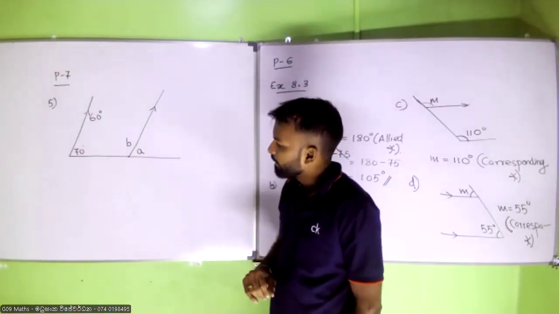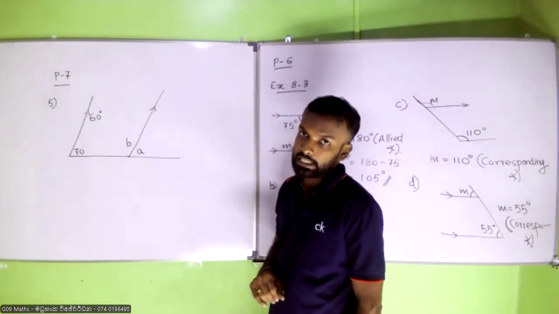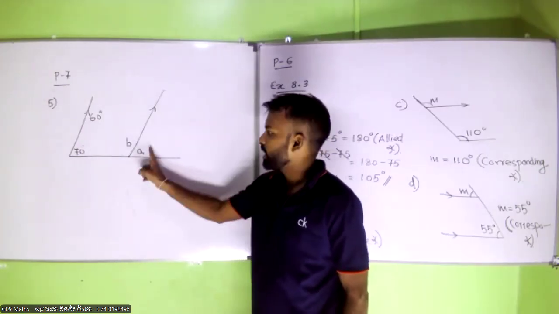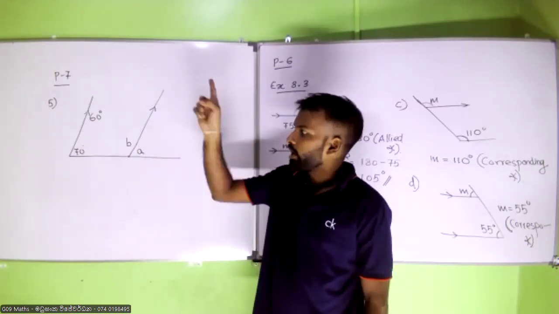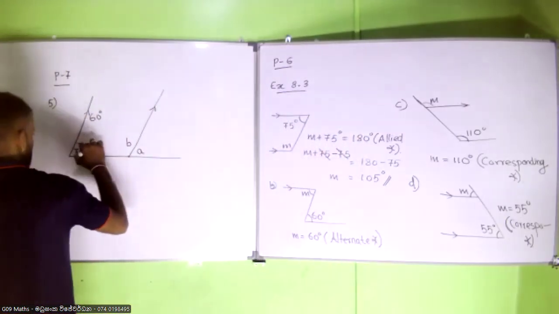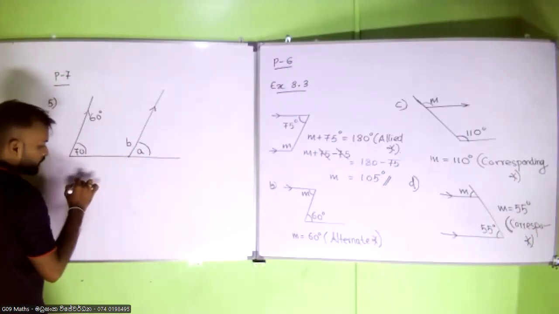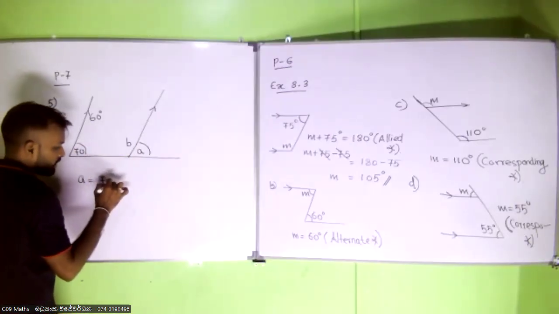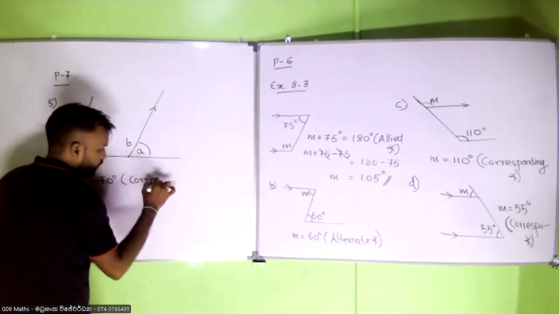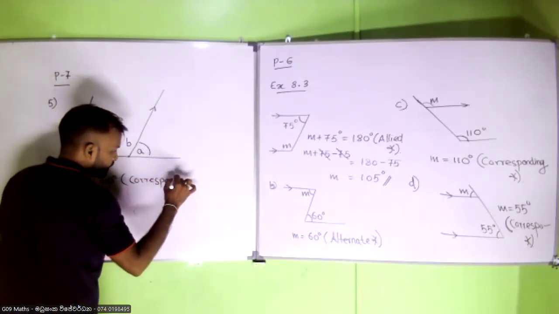Now, can you see any relationship? A and 70, F type of angles, this one and this one. So A is equal to 70 degrees. The reason is F type means corresponding angles.